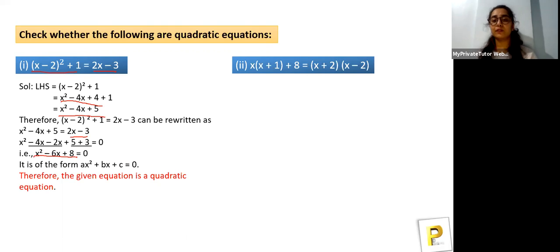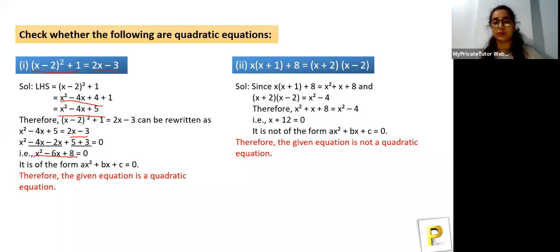So again, you have to do the same thing, simplify both of the sides, or take all the terms of the right to the left and then check if it's a quadratic equation or not. So if you see, x into x plus 1 plus 8 is equal to x square plus x plus 8.